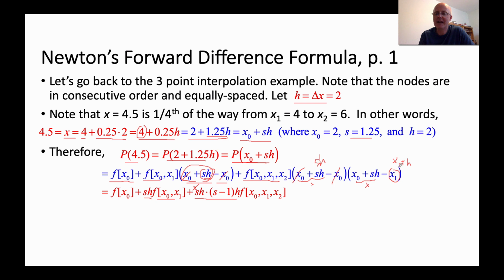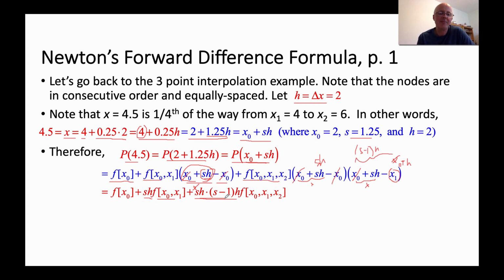And when you replace this x1 with x0 plus h, the x0's cancel, and this all simplifies to sh minus h, which is s minus 1 times h. It's supposed to be an s there, not a 5, which is what you see here.